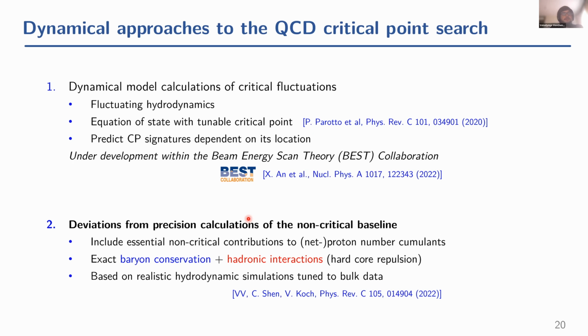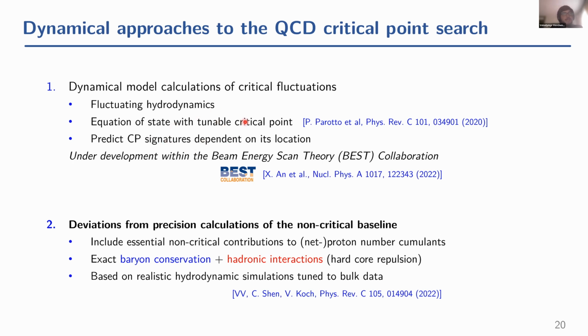And if you want to make predictions for the critical point, then you obviously need an equation of state which has a critical point. To predict signatures of the critical point based on, for example, an assumed location of the QCD critical point, you need an equation of state where you can tune the location. Then you can predict its signatures in this kind of fluctuating hydrodynamic description of heavy ion collisions.